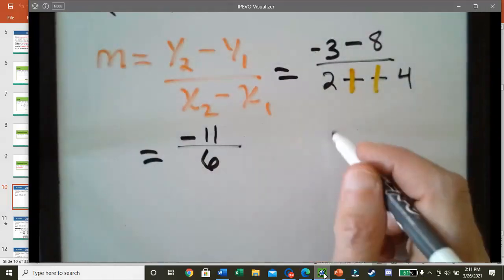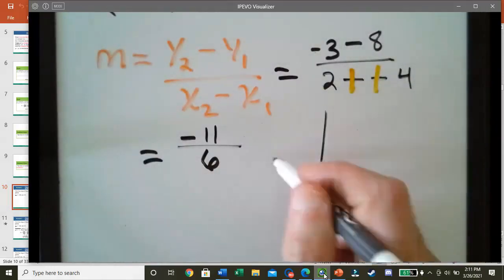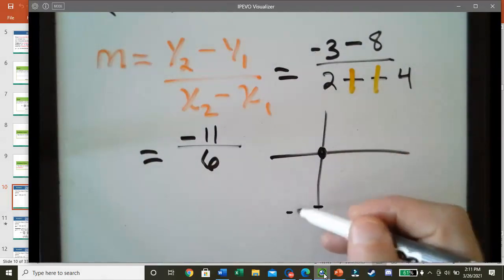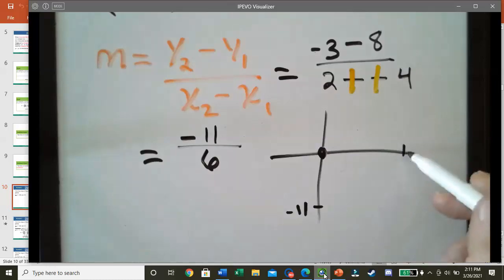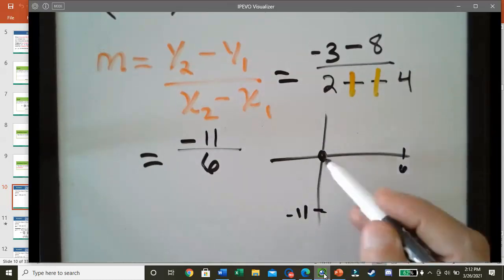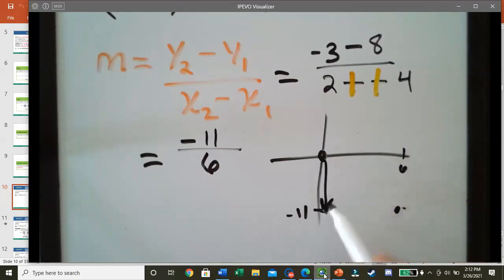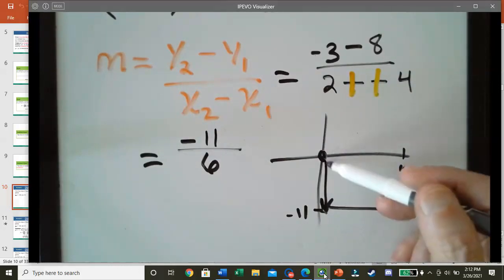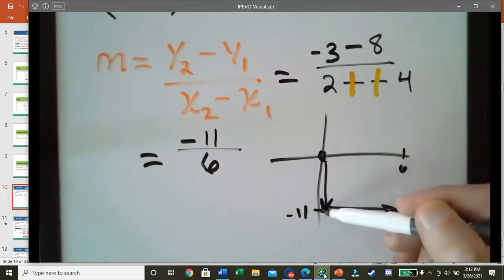So in other words, if you're starting from 0, for example, you're going to go down 11 spaces and then across 6. So it's down 11, across 6, down 11 to the right. Rise is a negative rise. Its rise is going in a negative direction for y.